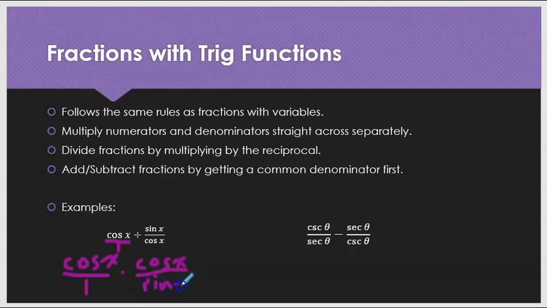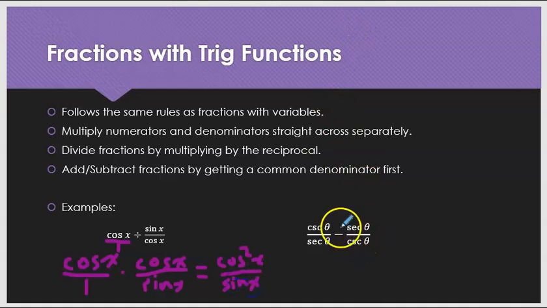In this form, now I just have a multiplication question, so I need to do numerator times numerator and denominator times denominator. So for the numerator, cosine of x times cosine of x is cosine squared. And for the denominator, 1 times sine of x is sine of x. Nothing else can be reduced here, so that example is finished.